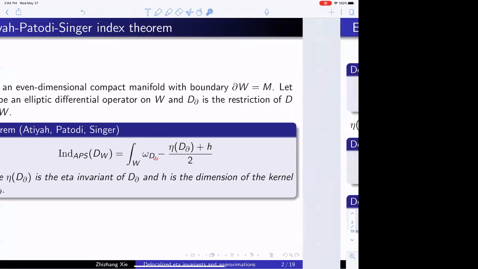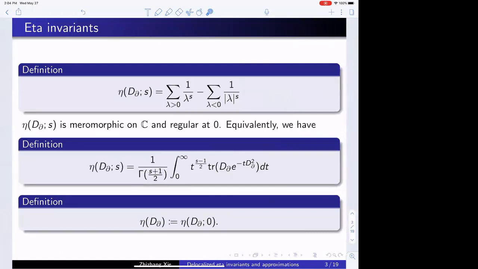I'm sure probably everyone in this seminar knows what the eta invariant is, but nevertheless, let me go through the definition for preciseness. The boundary is a closed manifold, so you have an elliptic operator on a closed manifold. It has discrete spectrum.